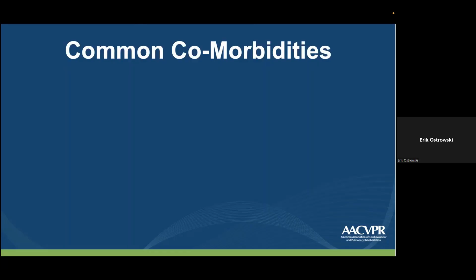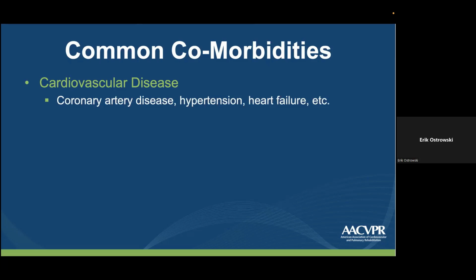So moving on to some safety considerations and comorbidities. We will encounter patients that, a majority of our patients don't just have pulmonary disease. They have some other diseases as well, most commonly cardiovascular disease. So we might have to consider increasing blood pressure monitoring on the patients that have cardiovascular disease.